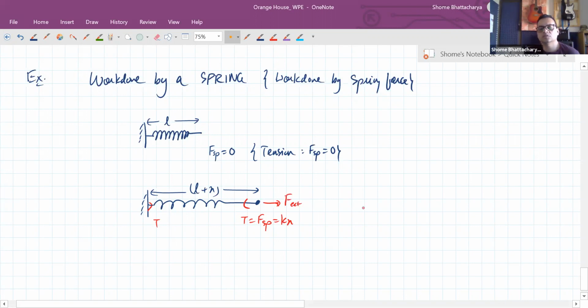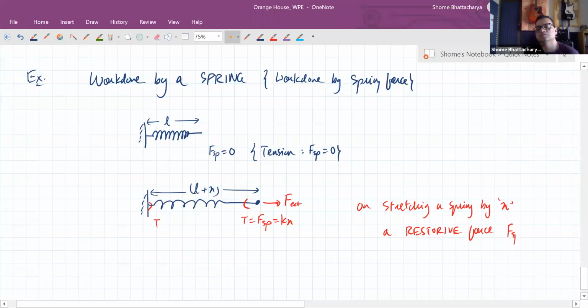Okay. So on stretching a spring by x, what we call a restorative force, that is, it tries to restore itself, or a restorative tension develops.